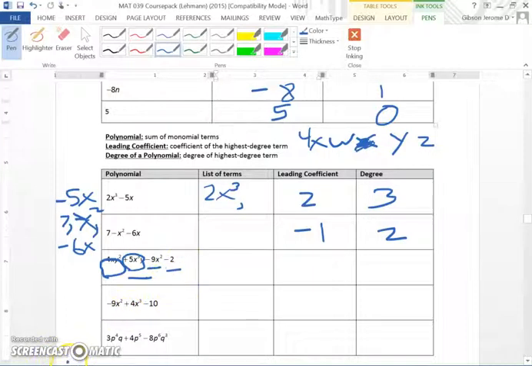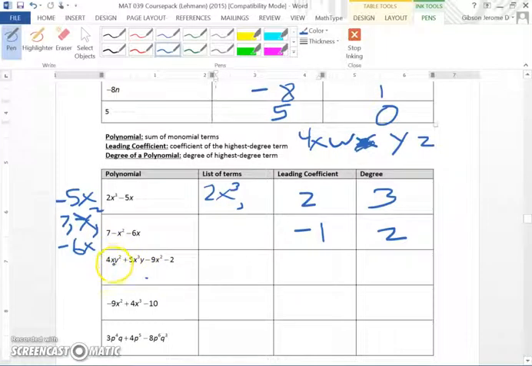So just to recap what you should have written here: 4xy squared, 5x cubed y, and then negative 9x squared, and then negative 2. And remember, a comma separates all of them. Now, for our leading coefficient, we look at the degree of each one of these terms.